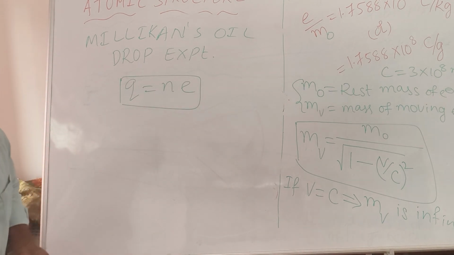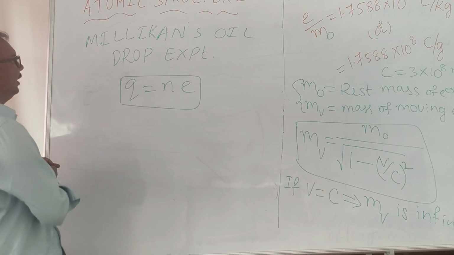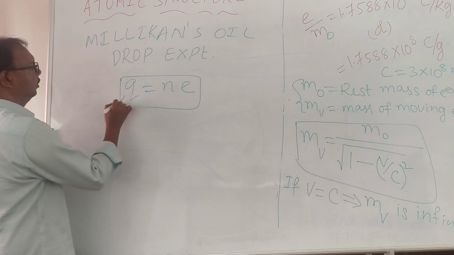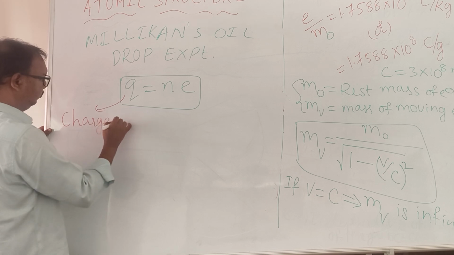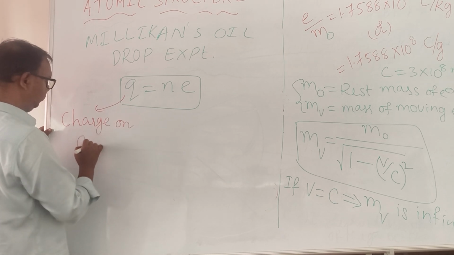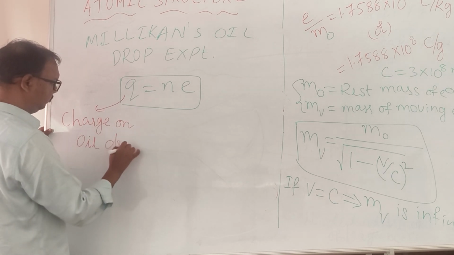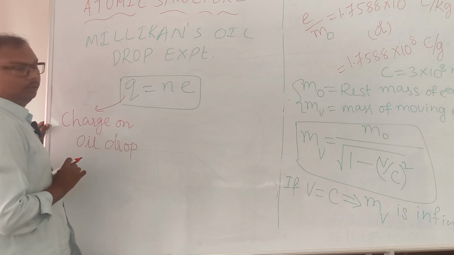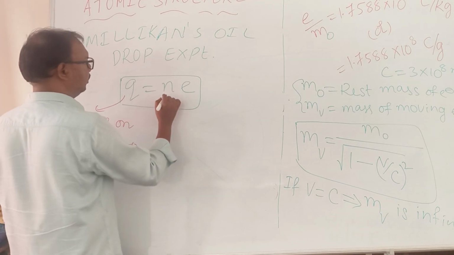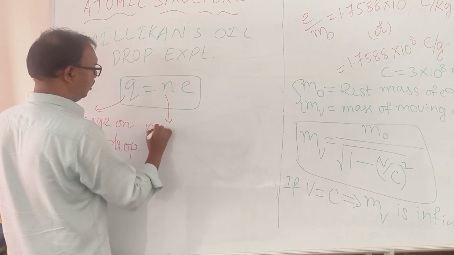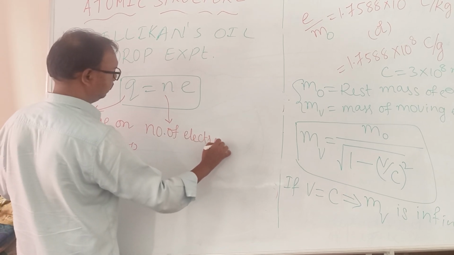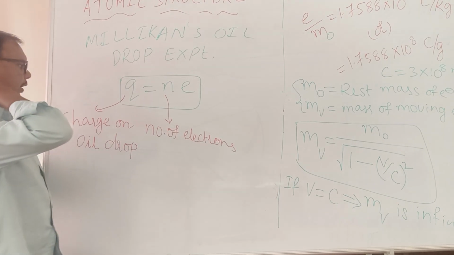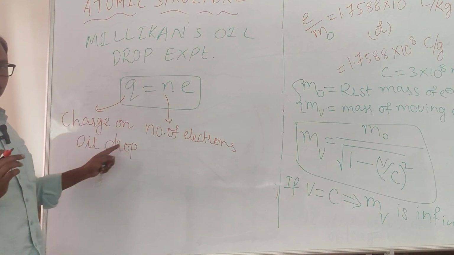What is Q here? Let us go through. Q is the charge on the oil drop. Here n is the number of electrons. How many electrons are there on the oil drop, you have to find out.